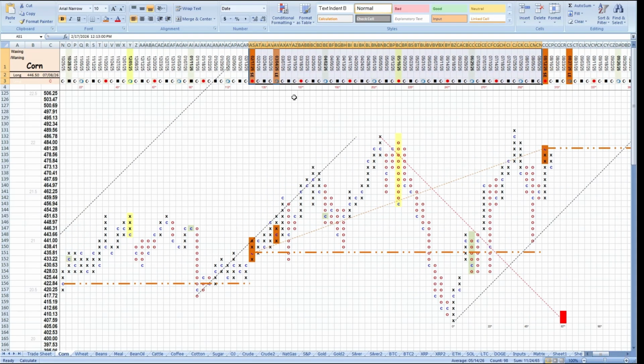Anyway, what I set up here, this is the previous solar eclipse, the one back in February. This is our current solar eclipse, one that we just had on the 12th. Now, you can see I have a line drawn in here from solar to solar that will extend out into the future to the next solar. I'd have to change some stuff, but you can see the speed of the incline right now.